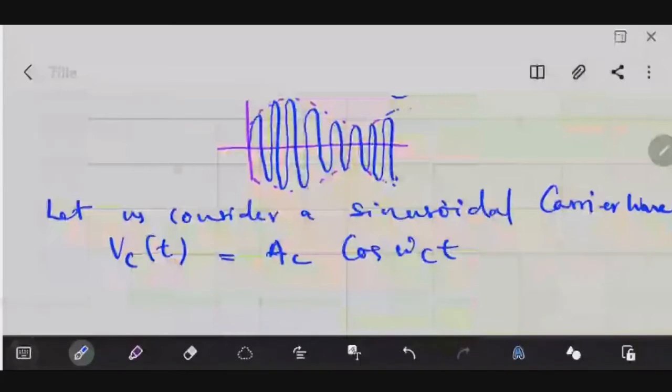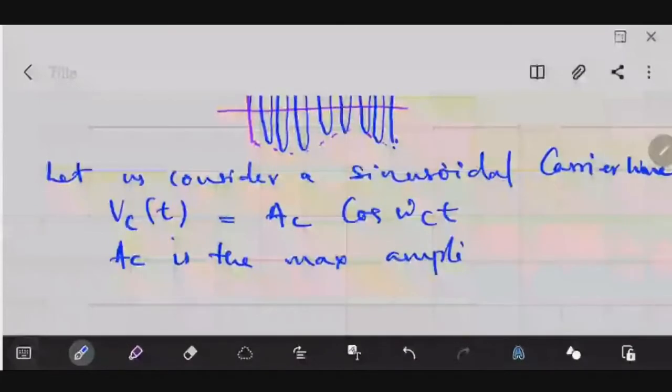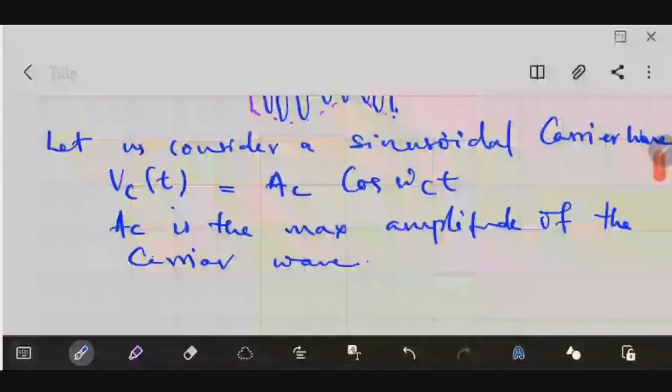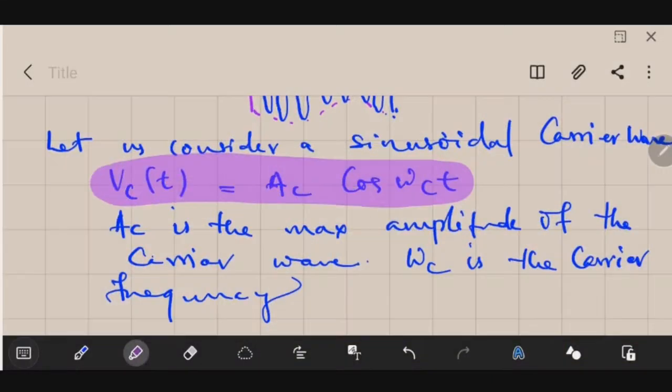Ac is the maximum amplitude of the carrier wave, and ωc is the carrier frequency, as we know. The signal that I have written here is basically the carrier.